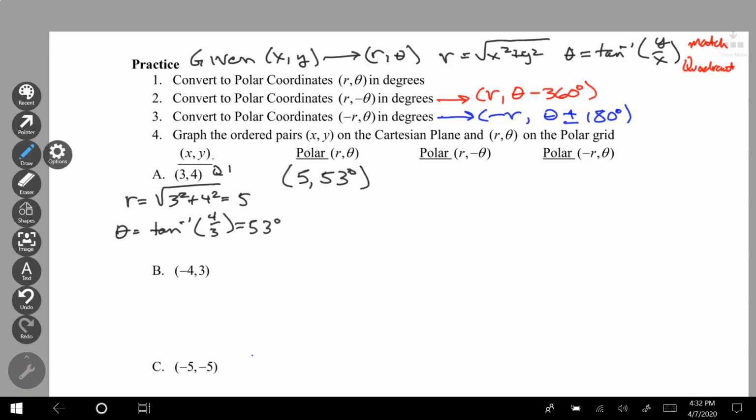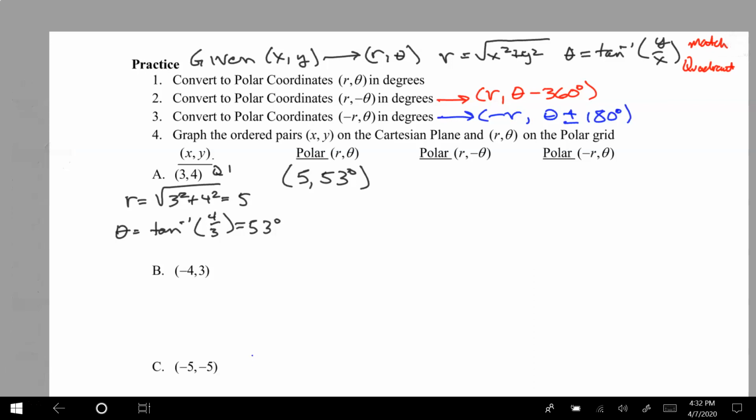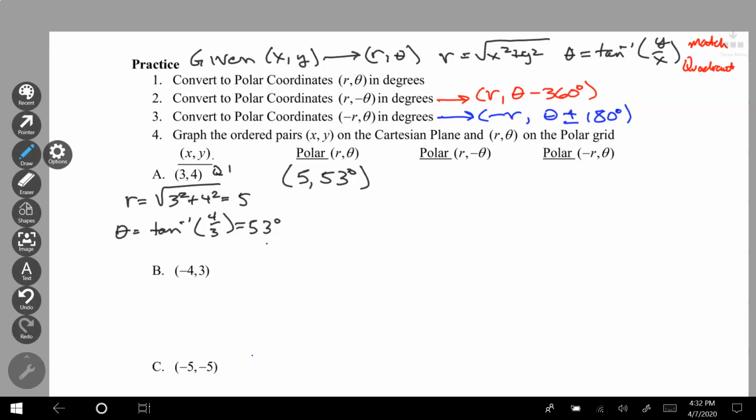As you can see, I've done the first part of example A by converting x and y into r and theta using my two formulas, and 3, 4 turns into the point 5, 53 degrees. 53 degrees is in quadrant 1, which matches the point. I took that 5, 53 degrees and changed it into 5, negative 307 degrees by subtracting 360 degrees from that angle.